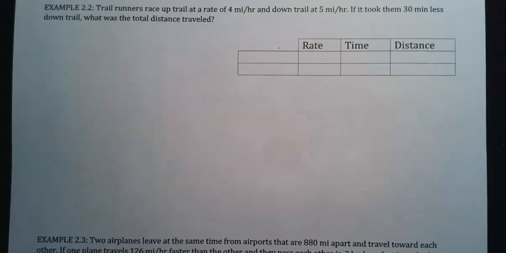example 2.2. All right, we've got trail runners race up the trail at a rate of 4 miles per hour and down the trail at 5 miles per hour. If it took them 30 minutes less down trail, what was the total distance traveled? Okay, so let's look at what kind of problem we have here.